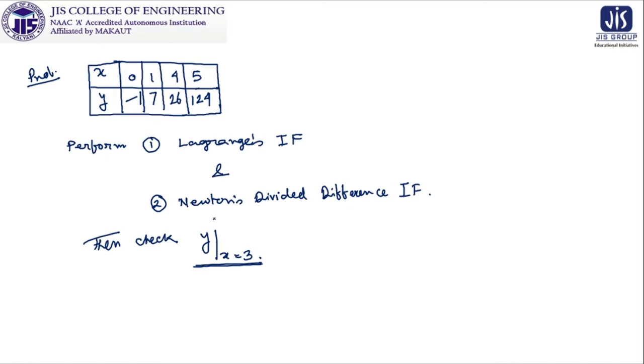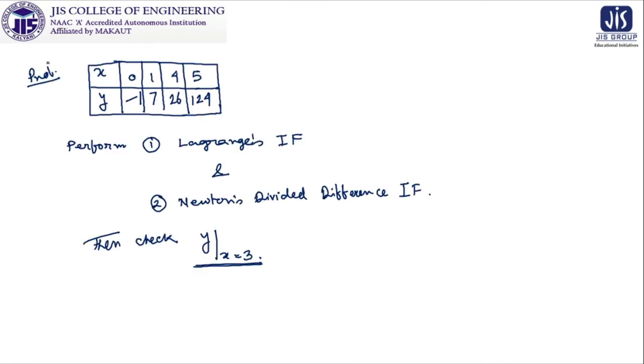Now I think those who are interested in this particular discussion must have a question in their mind. As these are unequispaced data, it is not possible for us to check what will happen if we think of equispaced data. So in this regard, we have at least one clue that if we are getting equispaced data, in that case the expression of Lagrange's interpolation formula and divided difference formula will also be the same.